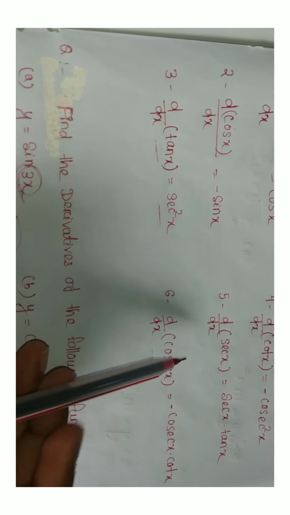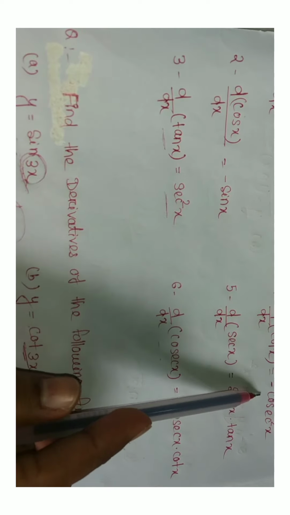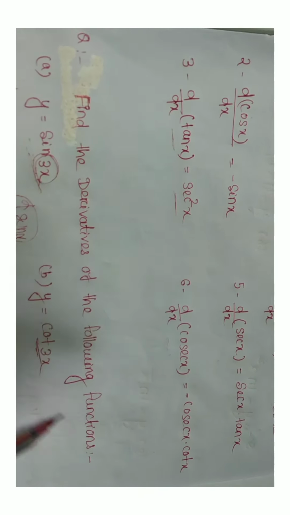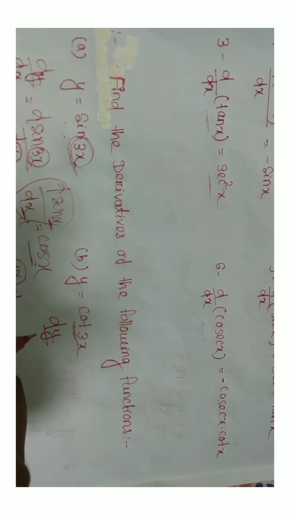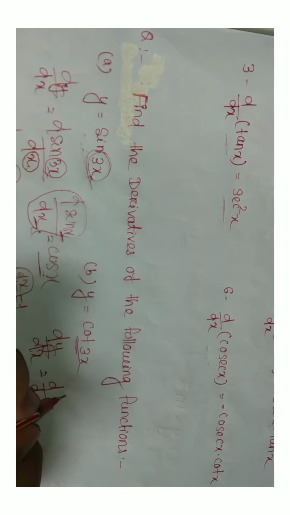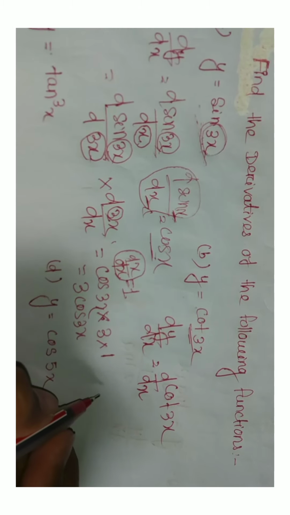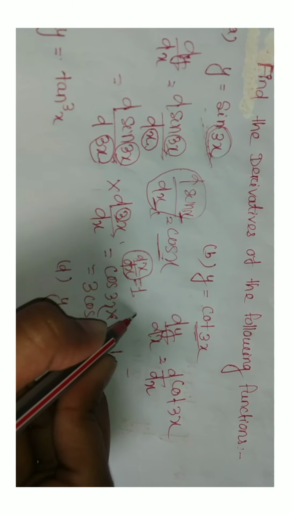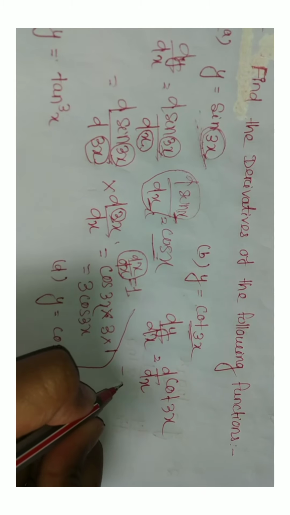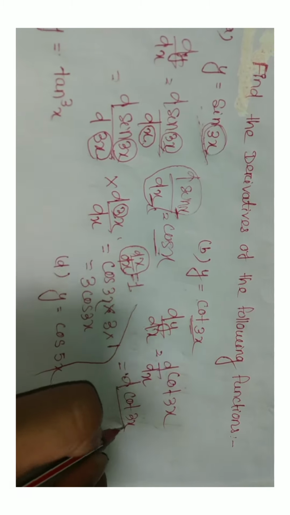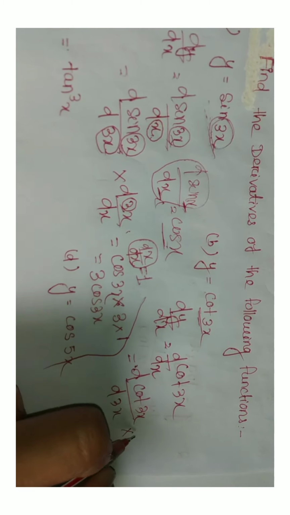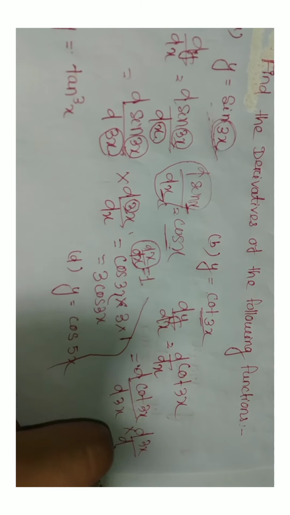Here the derivative of cot x is equal to minus cosec square x. So dy by dx is equal to the derivative of cot 3x, that is the derivative of cot 3x by d3x into d3x by dx.